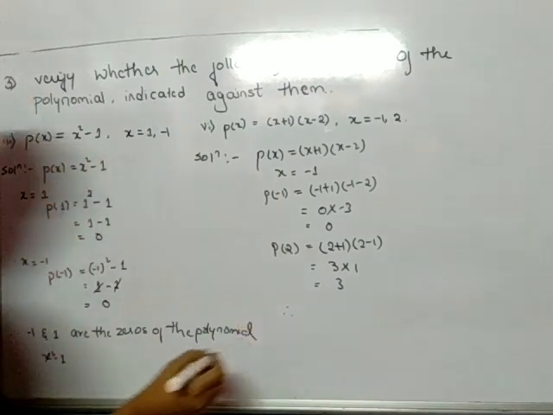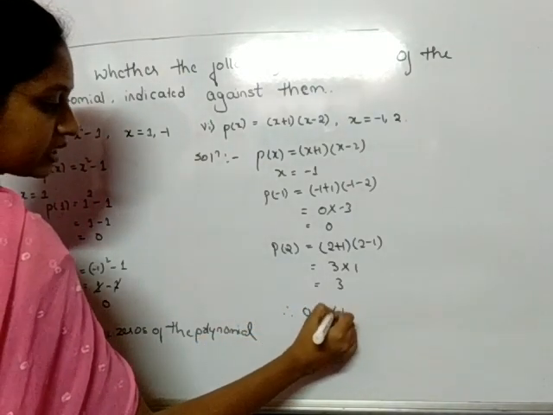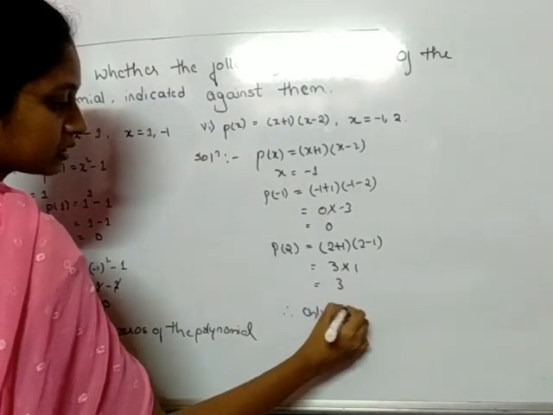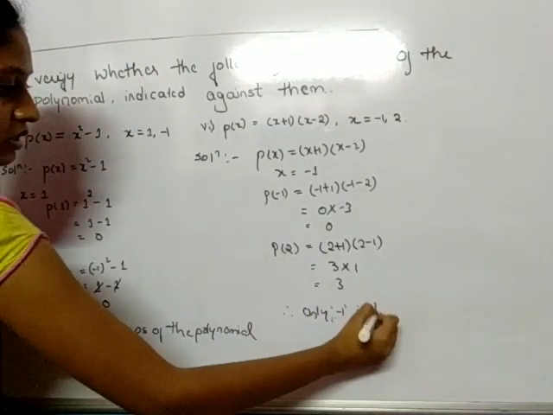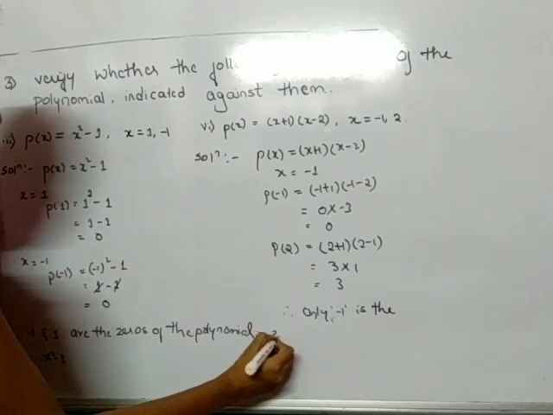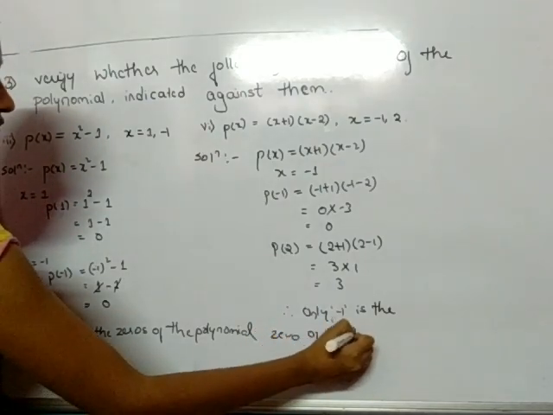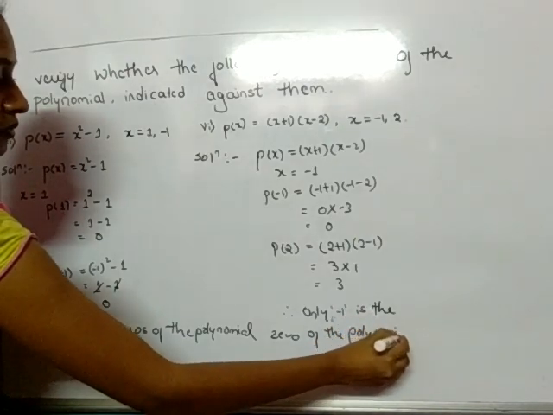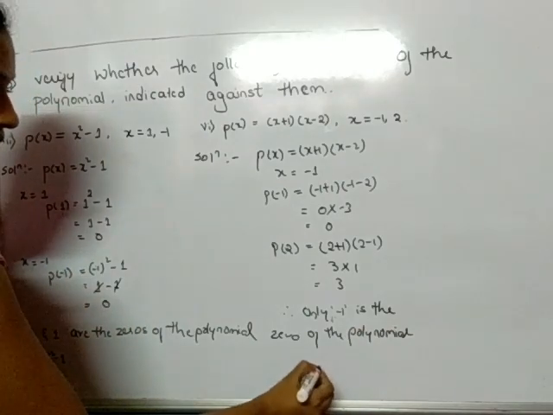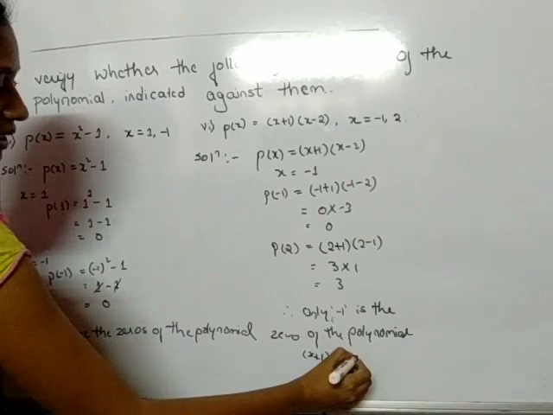We will write here only minus 1 is the 0 of the polynomial x plus 1 and x minus 2.